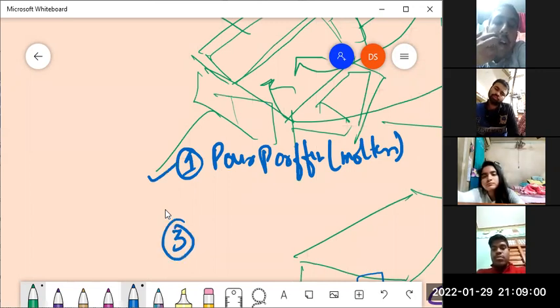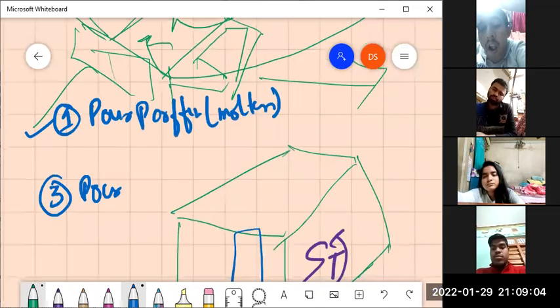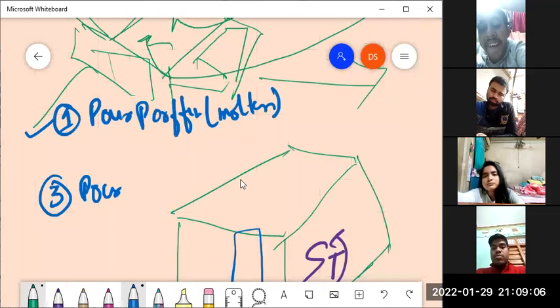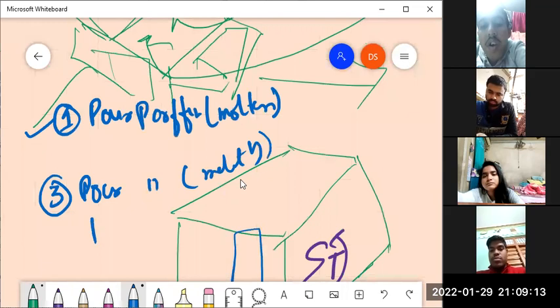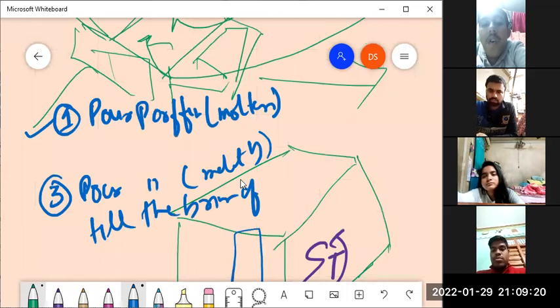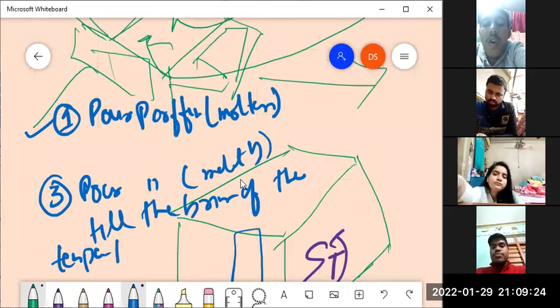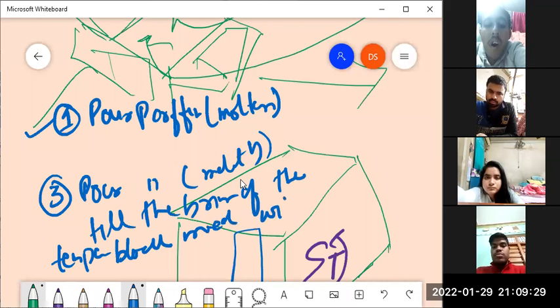The third step is again to pour the paraffin, that is molten paraffin, till the brim of the temporary block made with the plates.